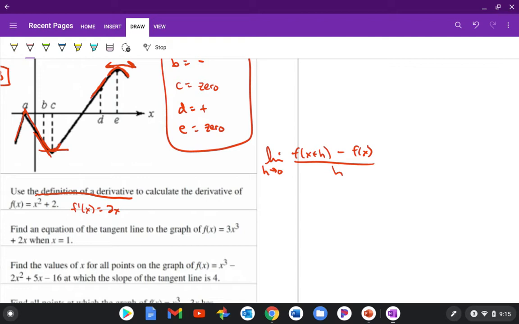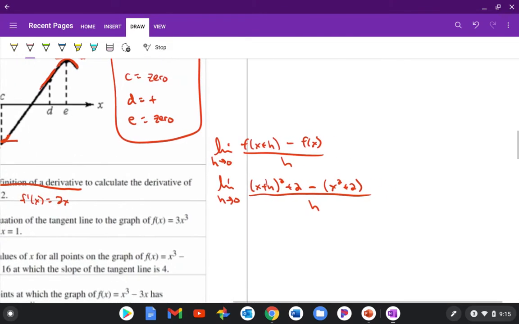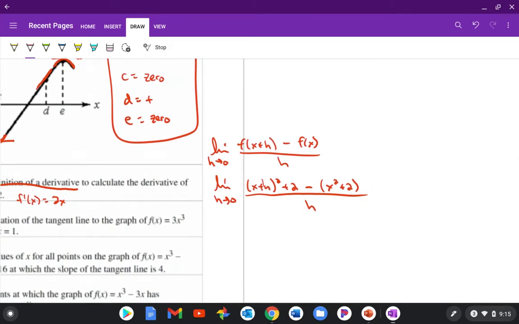So when we plug it into this function, it's going to look like this. The limit as h goes to 0 of, wherever we see this x, we have to plug in x plus h. So it's going to be x plus h squared plus 2 minus the original function, x squared plus 2. That's all over h. And then we just need to solve this.